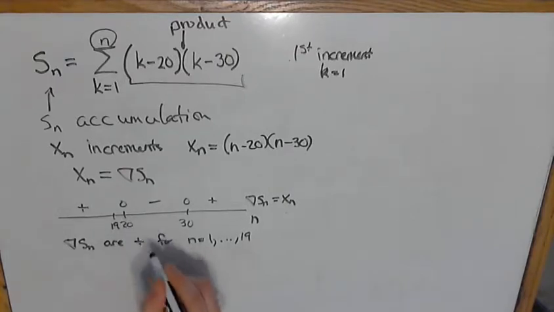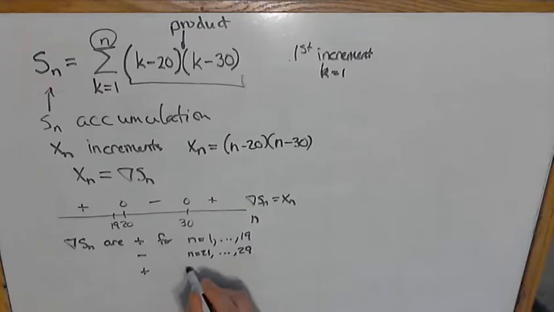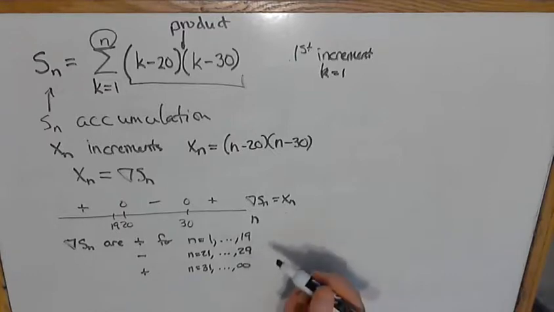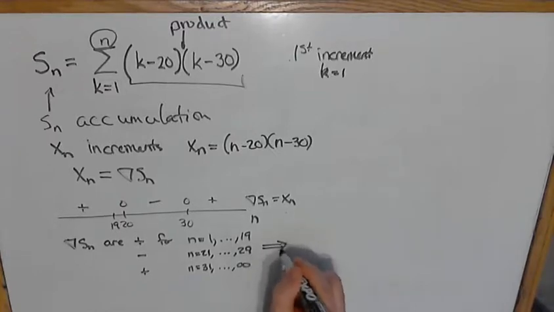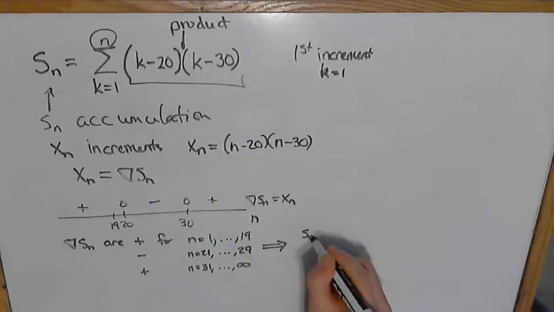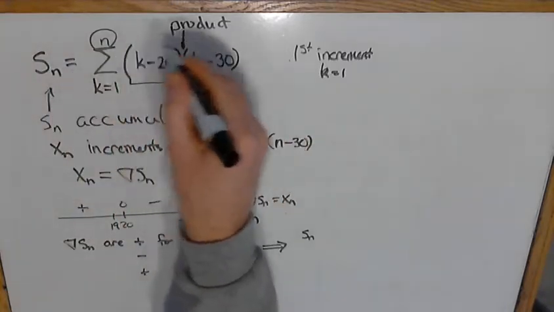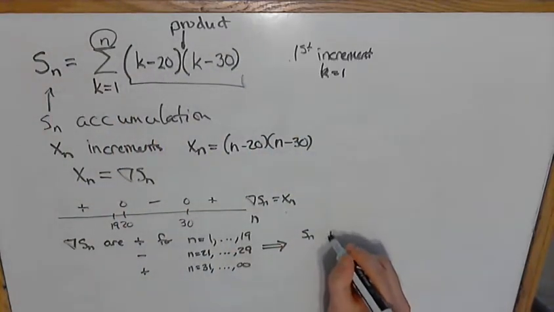And it's 0 at 20, and then it's negative for n going from 21 to 29. And then it's positive again for n going from 31 forever. Okay? Having my increments, knowing if I'm adding positive or negative values, tells me that my sequence, the sequence that's found by adding these up, is going to be increasing.